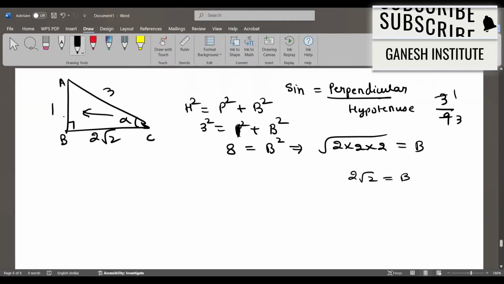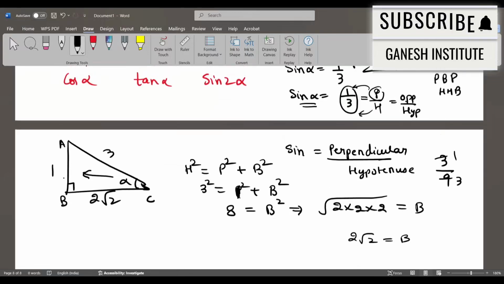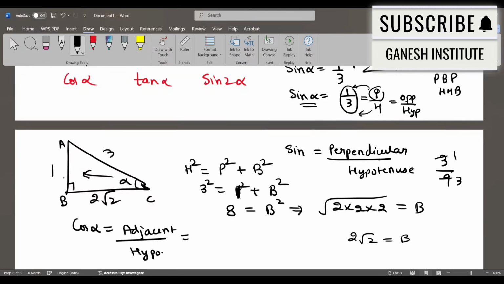So now I want cos alpha. Cos alpha is adjacent, base, upon hypotenuse. Adjacent upon hypotenuse, right? Do you know that? Yeah. So adjacent is this, 2 root 2 upon 3.